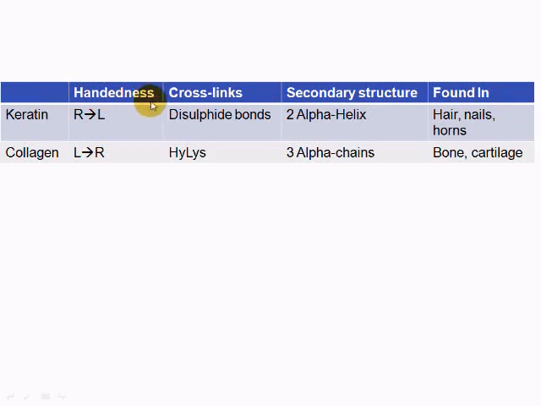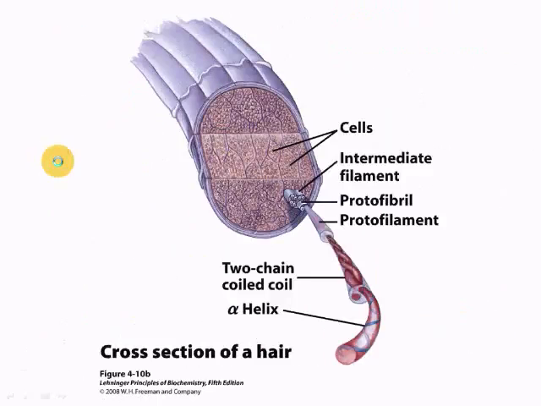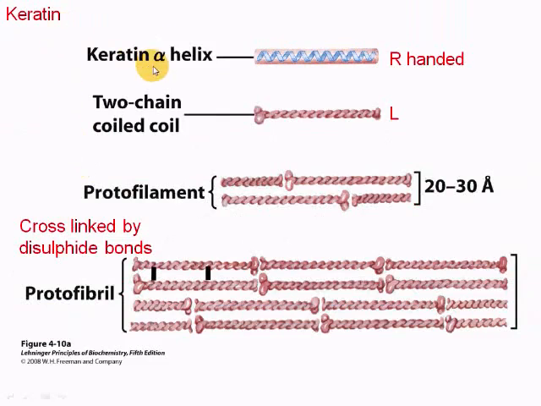And this isn't like a comprehensive list, but oftentimes the teachers like to ask for comparisons and contrasting of the keratin and collagen. So here's a keratin. Keratin is an alpha helix, and it's right-handed when it's an alpha helix. Then two of these alpha helices combine to form something called a coiled coil, and when it becomes a coiled coil, it's left-handed.